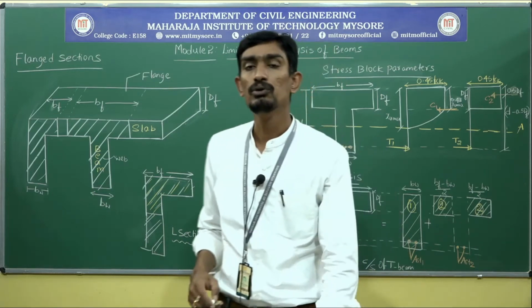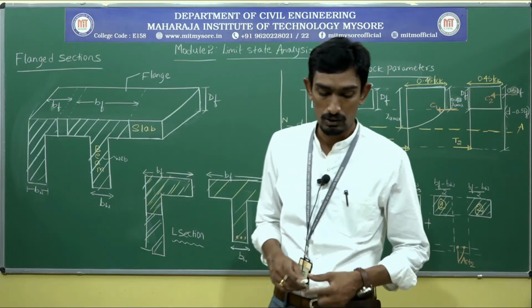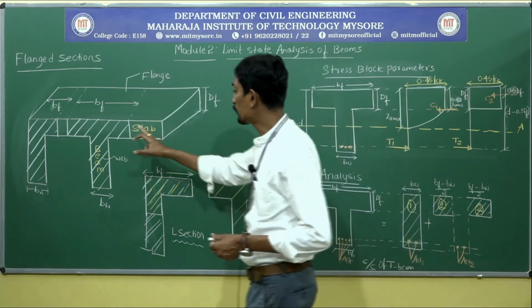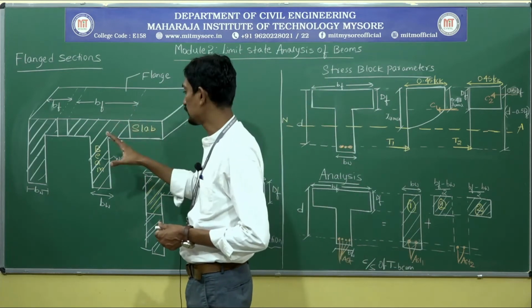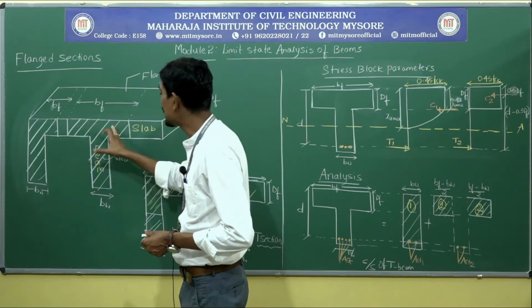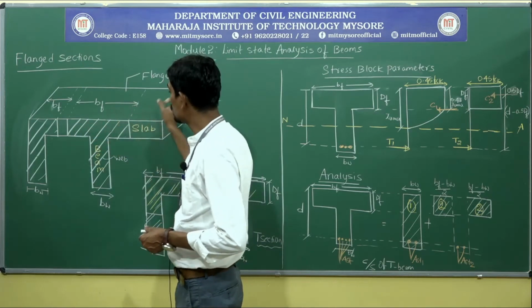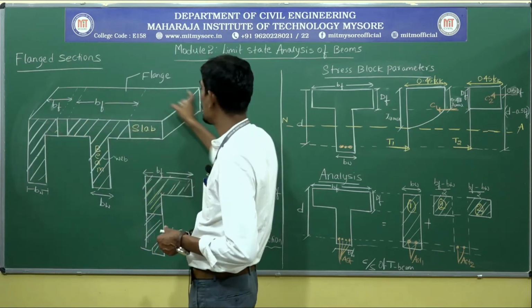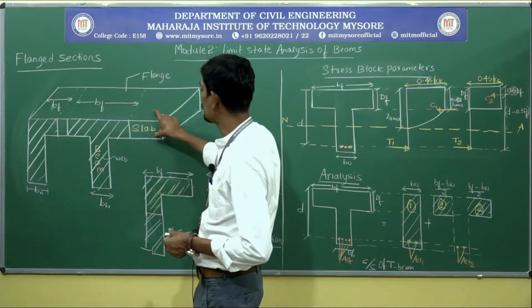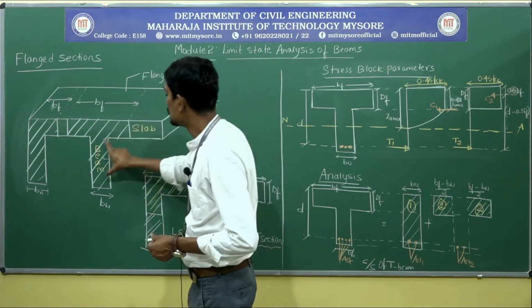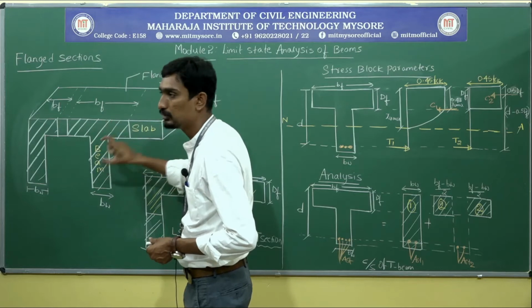I am going to repeat: if the flange projections are on either side, this portion is called the flange, the slab portion is called the flange, and the beam portion is called the web portion.